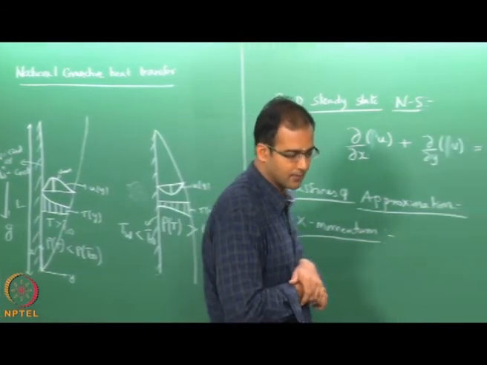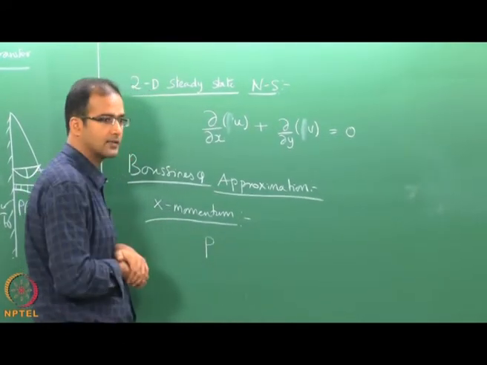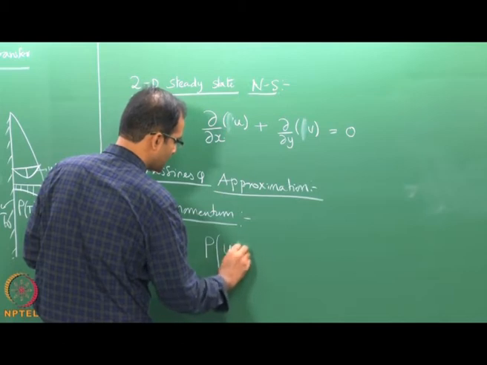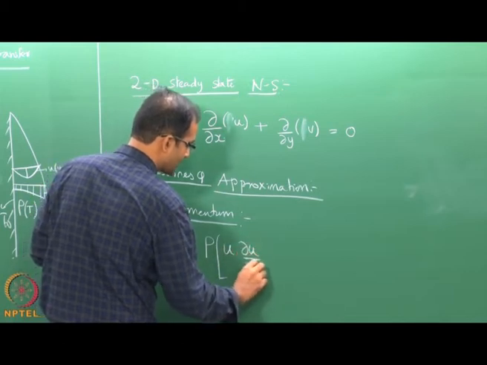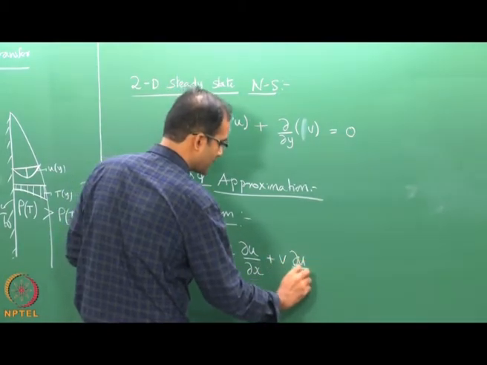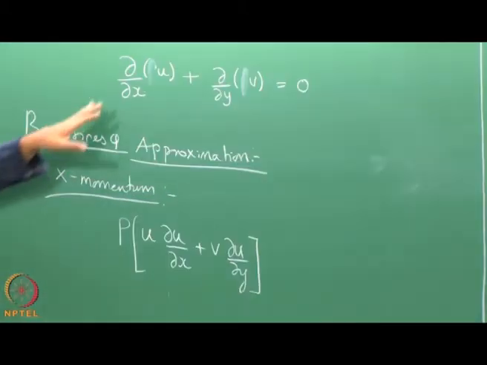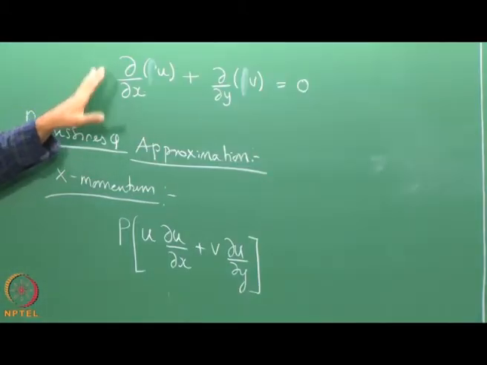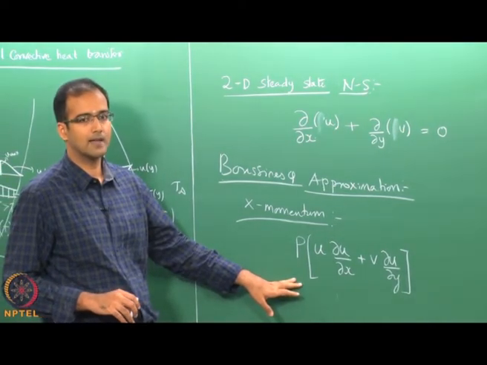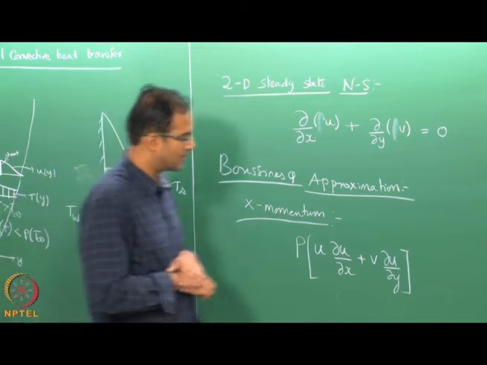So, let us keep density outside the derivative, but let us not divide it by density right away. So, rho of u du by dx plus v du by dy, this is your convective term. According to the Boussinesq approximation, both in the continuity equation and in the convective acceleration part of the momentum equation, you can take density to be a constant.